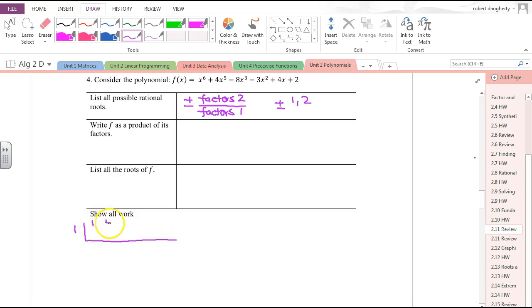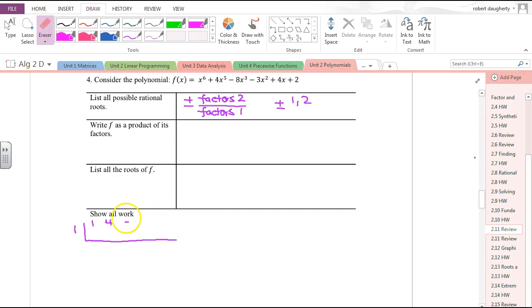And I've got 1, 4, negative 8, negative 3, 4, and 2. This 1 corresponds to my x to the 6. I'm sorry, I'm missing a fourth degree, so I got to take care of that. So I almost made a mistake there.